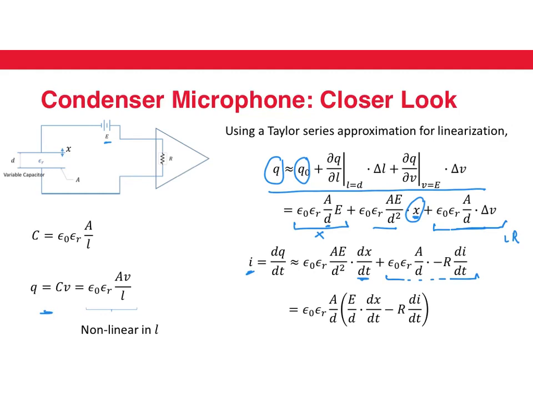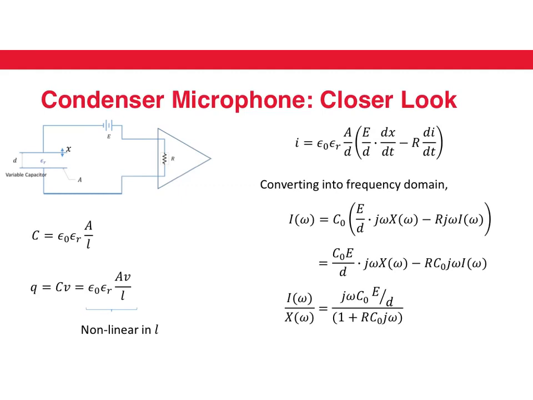And this gives us a differential equation which relates the current and the displacement of the capacitive plate of the condenser microphone. We can take that differential equation that we got in the previous case, which is here, and convert it into the frequency domain. So you have I omega, and essentially all the terms remain the same except dx by dt is replaced by j omega X omega, and dI by dt is replaced by j omega I omega.